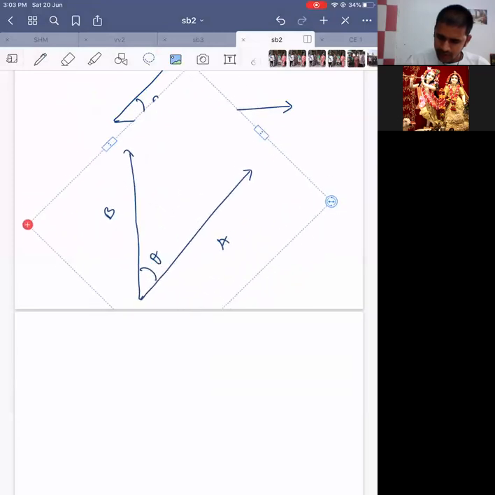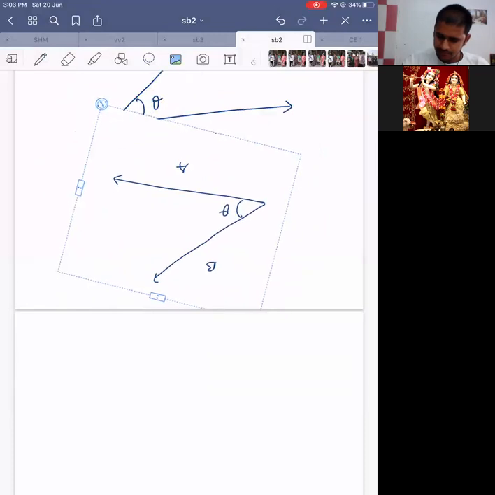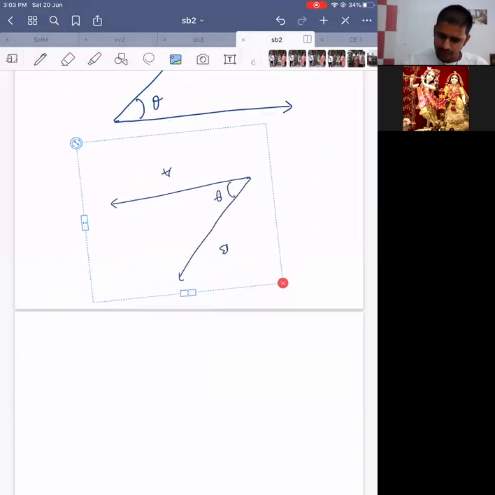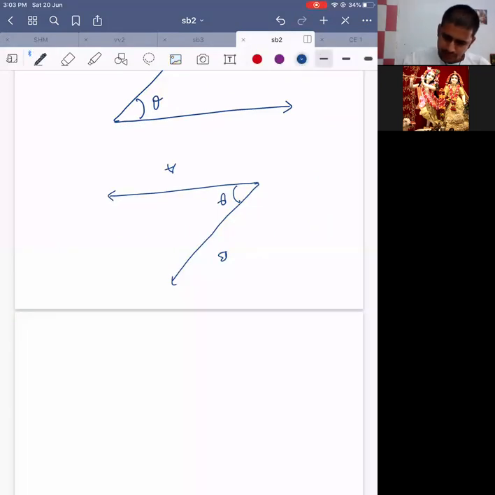Now we are just converting. For you to understand, this is A, and this part is B. There is an angle between A vector and B vector, an angle theta.